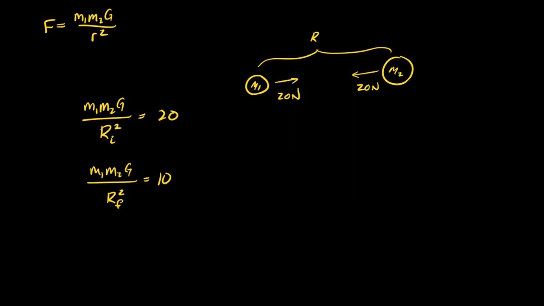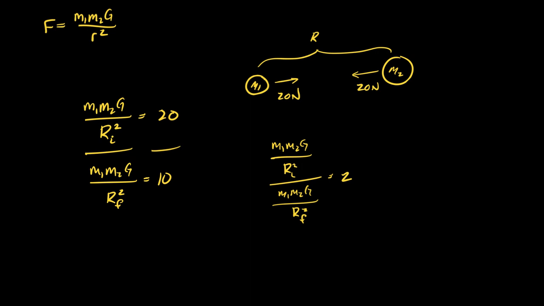So, if I want to find out how the final distance is related to the initial distance, I could just divide these two and turn it into a ratio. If I do, I'll get M1, M2, G over R initial squared divided by M1, M2, G over R final squared equals 20 divided by 10, or 2.